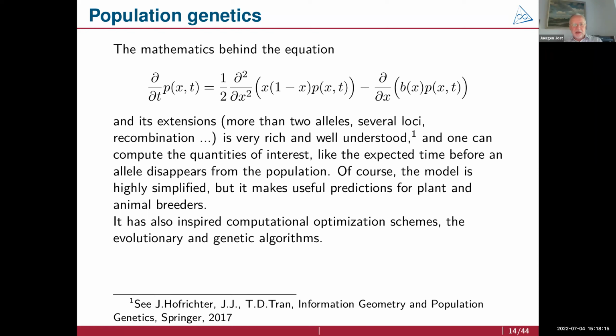In biology, selection works and produces better and better adapted individuals. And so one also wants to use that for optimization schemes by choosing members of a population for reproduction according to how well they solve a particular task.